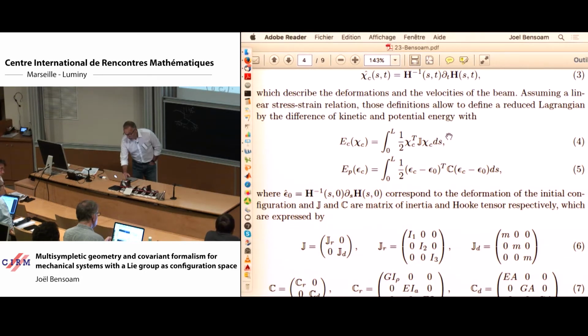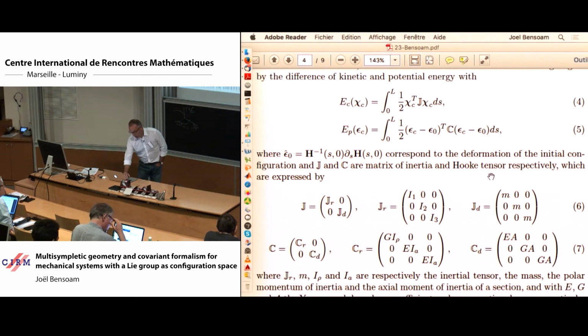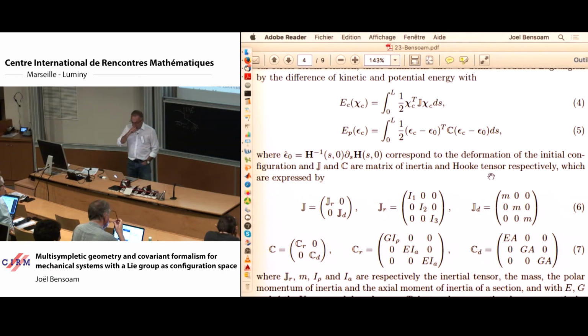To compute the Hamilton principle, you will need an energy action. So you introduce the velocities and the energy, the kinetic energy and the potential energy.